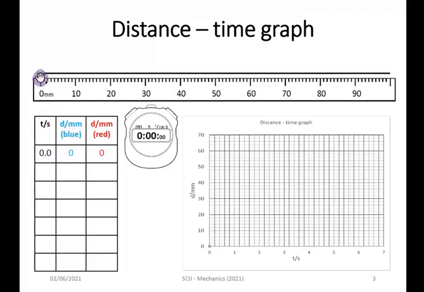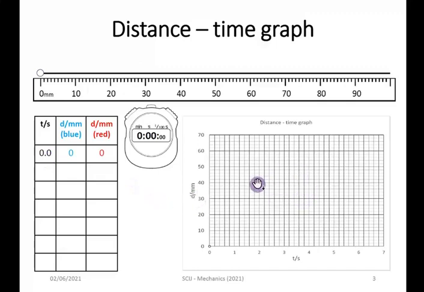The reference point is the start point, and the two bodies are at 0. The unit for the measurement of the length will be millimeters. Indeed, many of the calculations you'll be doing will be in meters, but this is a small experiment that we're doing, so we are using the millimeters. The time will also be in seconds.